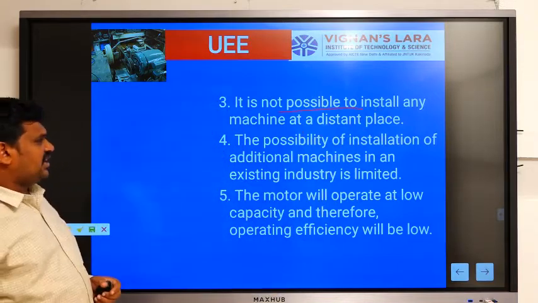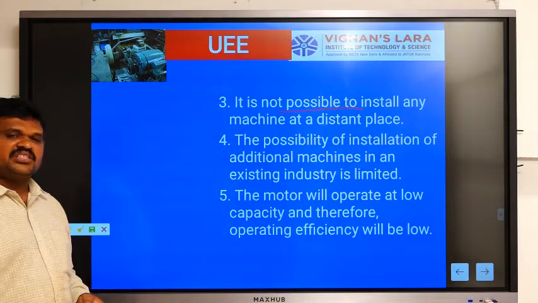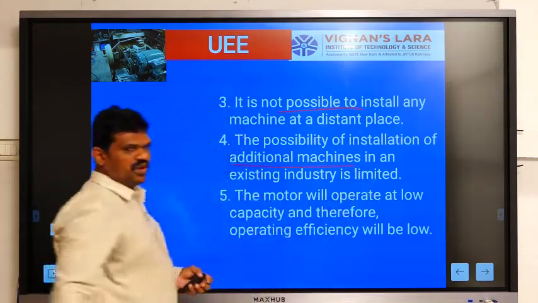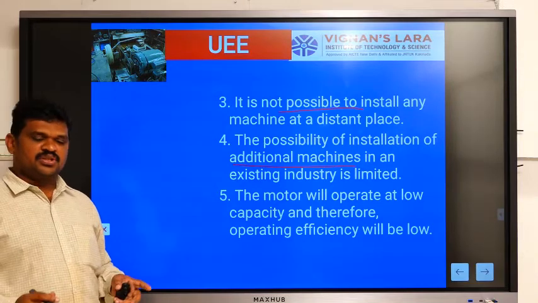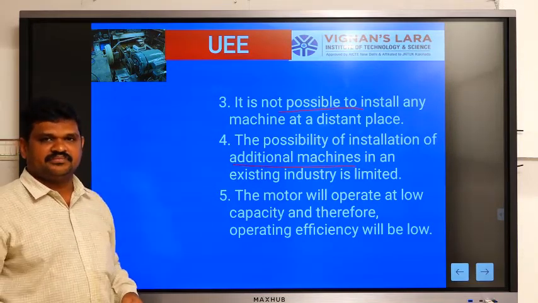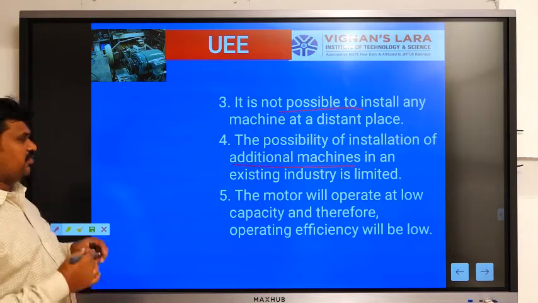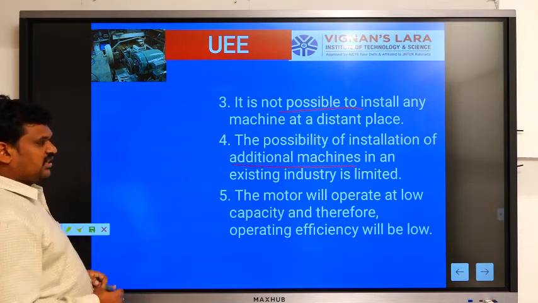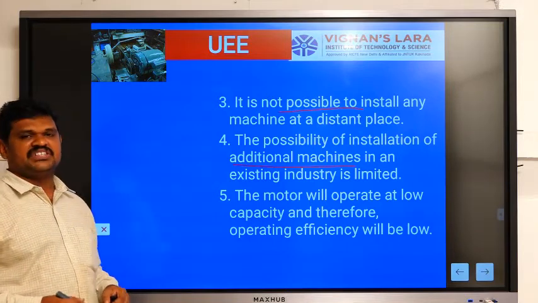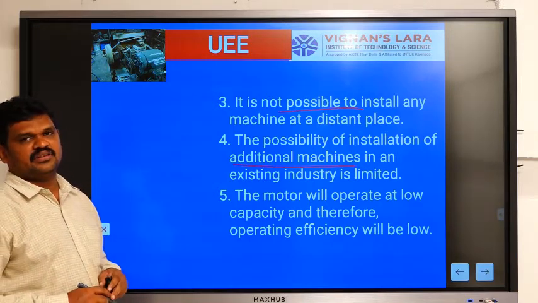Another disadvantage is that the installation of an additional machine is also a problem. If you want to add another machine, we should replace the single motor with a larger size. Then only you can add. That is also a problem. Next, the motor will operate at low capacity and therefore operating efficiency will be less.